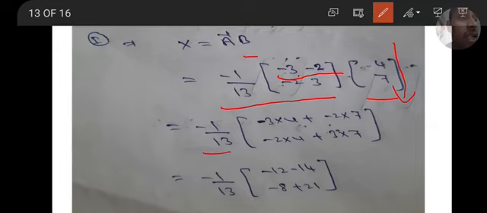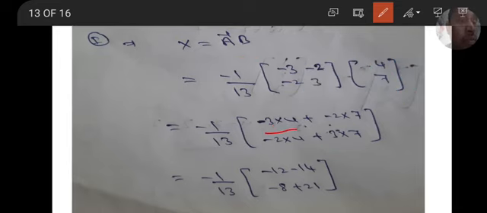Minus 3 into 4 is minus 12, minus 2 into 7 is minus 14, minus 2 into 4 is minus 8, 3 into 7 is 21. So minus 12 minus 14 means minus 26, minus 8 plus 21 means plus 13.